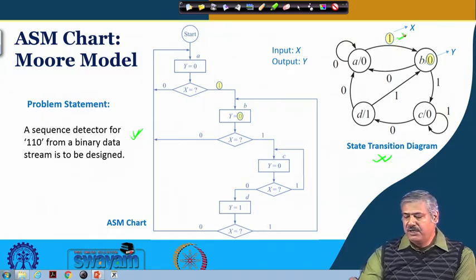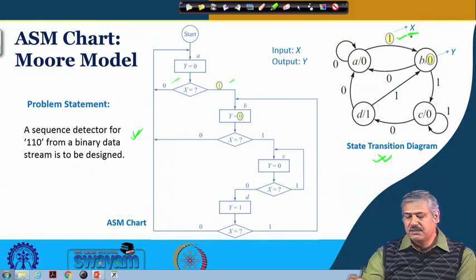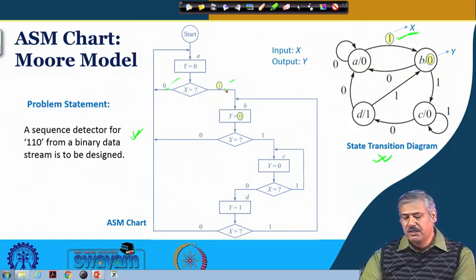When it is 1, it takes this path and goes to B. If it is 0, it goes back to A, so it stays at A. So this is connected to x being 0 and 1. And at B, this value was 0, inside the state transition diagram, that circle that we had written. Here we are writing it in the state box. So that way it is similar.